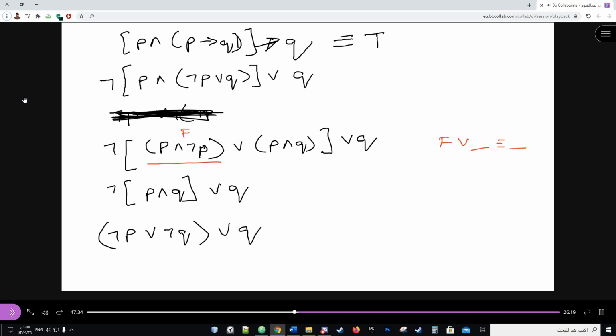And this, because it's all ORs, we can expand it. So we have not Q or Q will always be true, and true or anything will be true. So this is also a tautology.